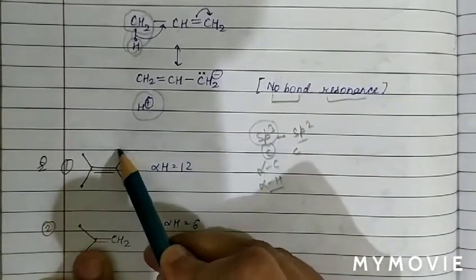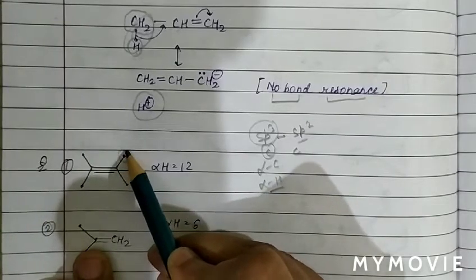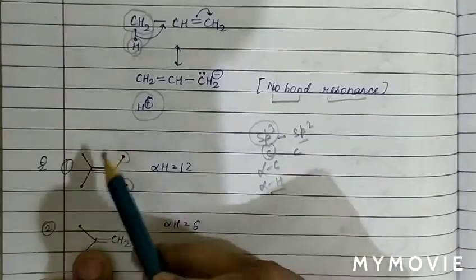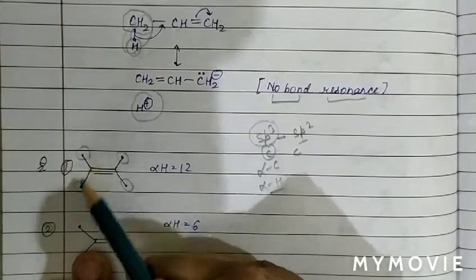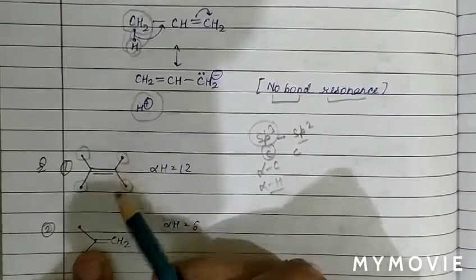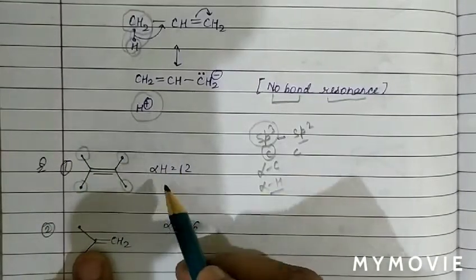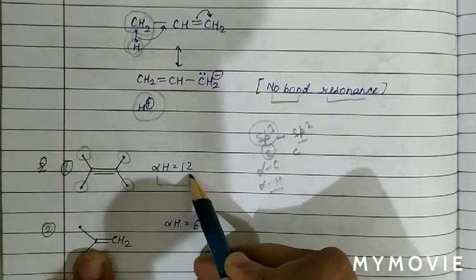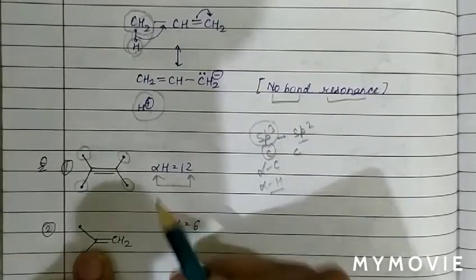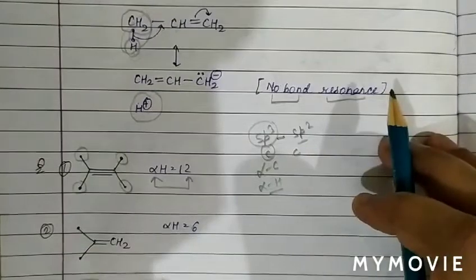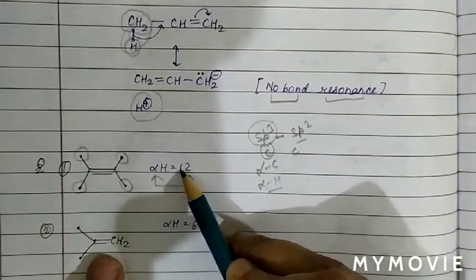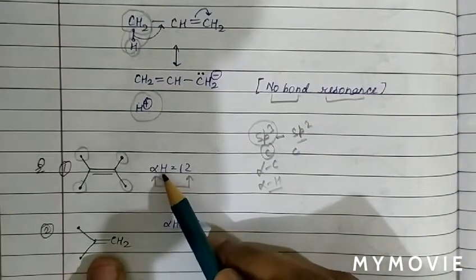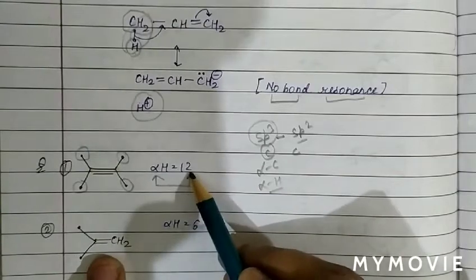Now there are 4 alpha carbons, and 3 alpha hydrogens on each, so 12 alpha hydrogens are present. The number of hyperconjugative structures is equal to the number of alpha hydrogens.